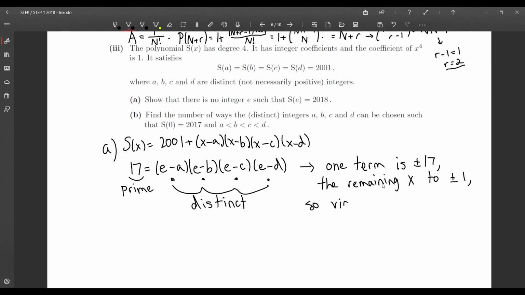So via pigeonhole, we have a contradiction. Because if they multiply to plus or minus 1, you can't have 3 distinct integers that do that. Because the only integer factors of plus or minus 1 are plus or minus 1, so you could only have plus 1 and negative 1. A third integer would have to be a repeat. Contradiction.